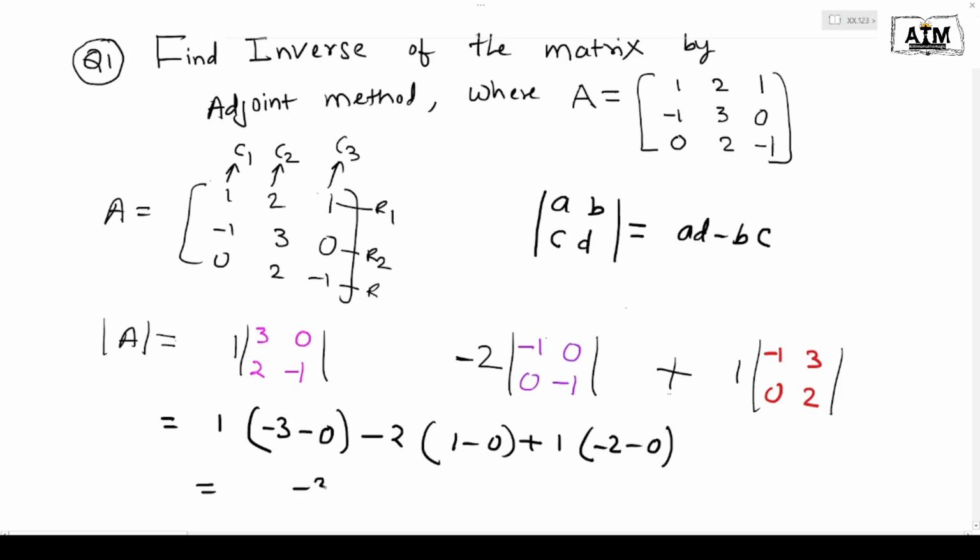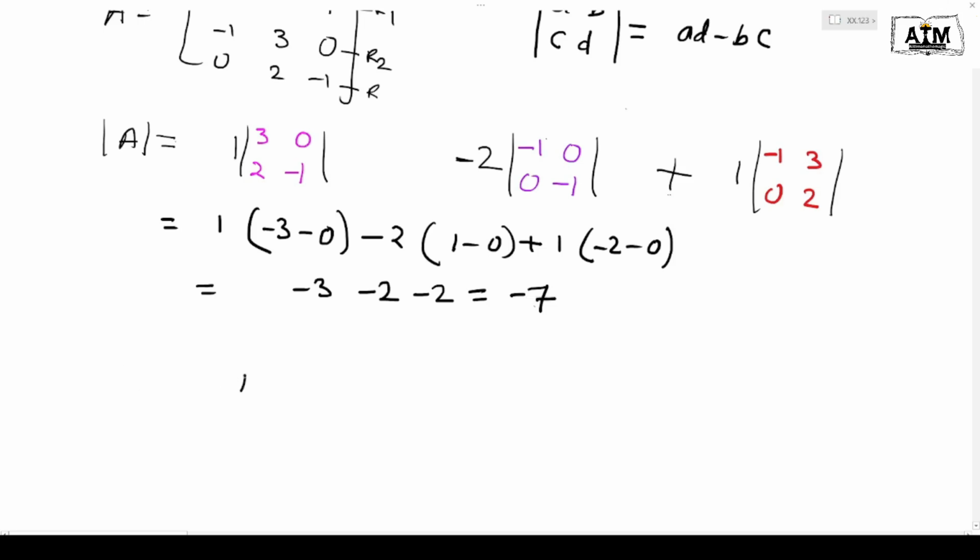That equals -3 and -2 and -2, which is -7. Since determinant of A is not equal to 0, it implies A inverse exists.